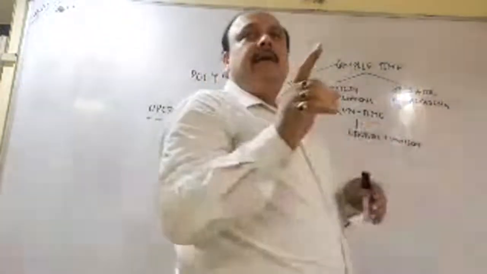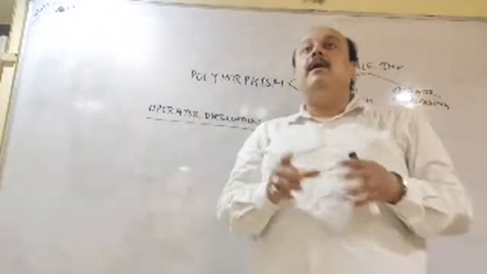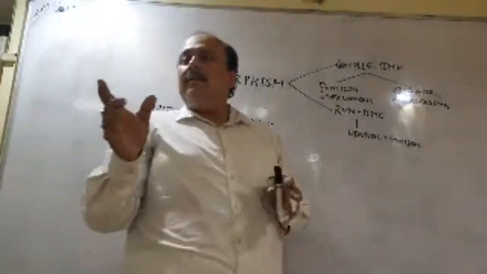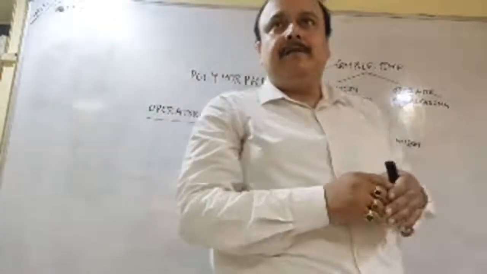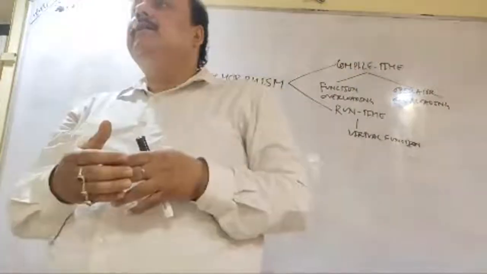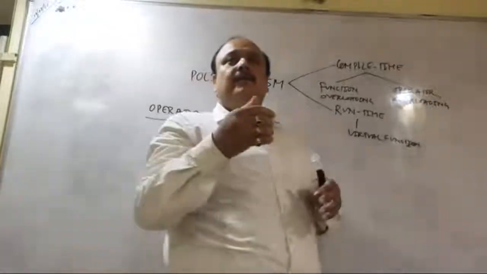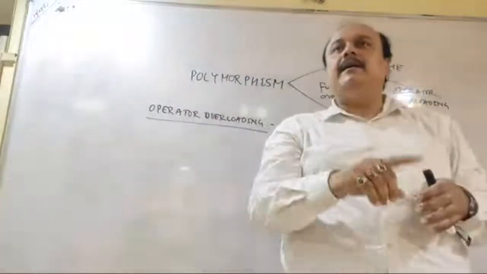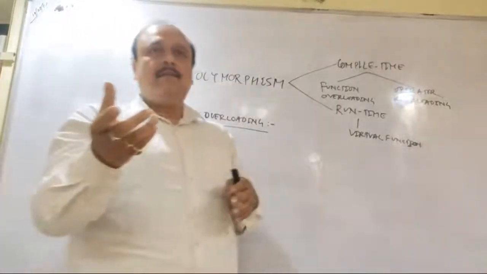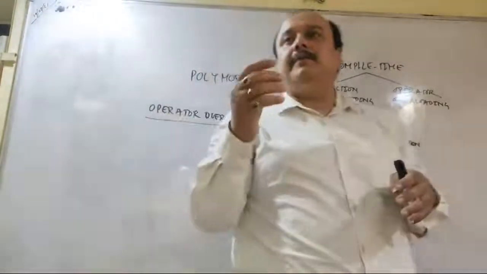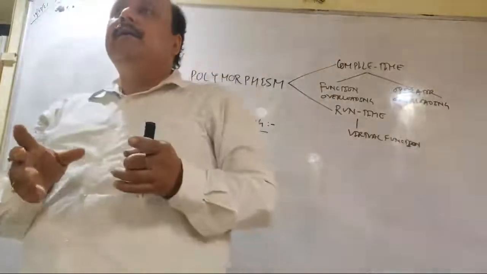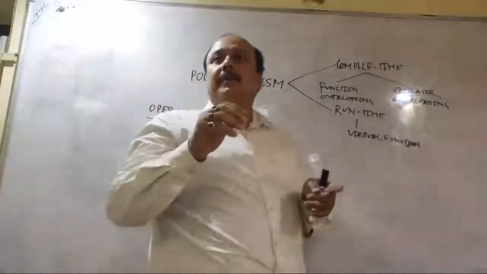Another basis is what? At the same time, the compiler checks what types of data type are used by the user for the particular argument. So we have several functions, and the compiler takes a decision on the basis of the number of arguments and data type. Whenever you pass any parameter, first of all the compiler checks how many parameters you are passing.